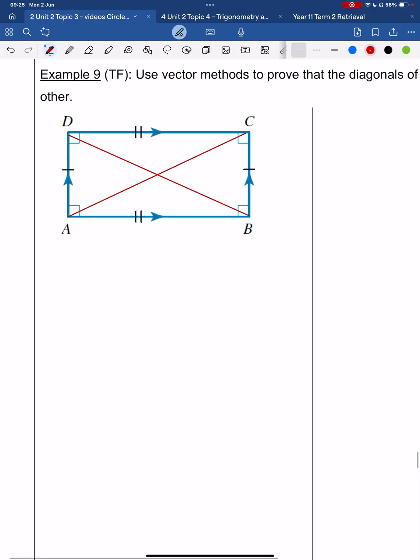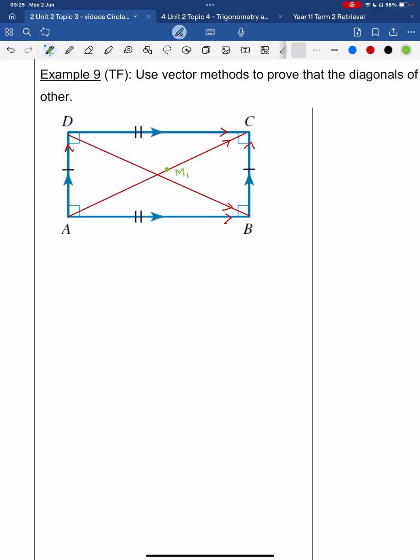Okay. Let's put some arrows in. We've got a rectangle here. I'm going to have vectors AD, DC, BC, and AB. And I'm going to have AC, and I'm going to have DB. And now I'm going to pick 2 points that I'm going to define as my midpoints.